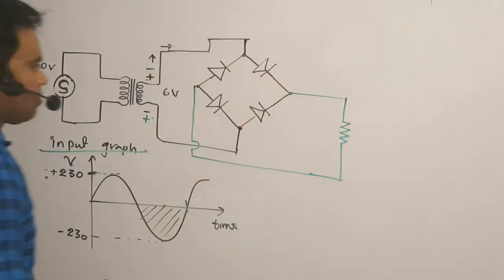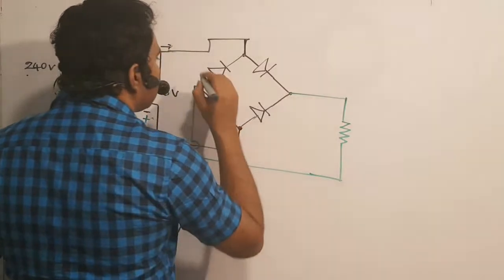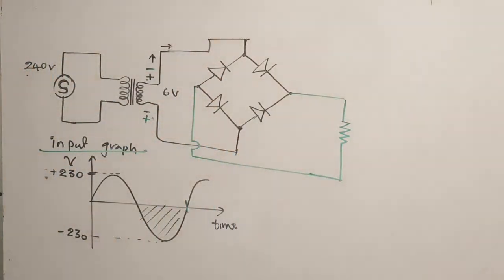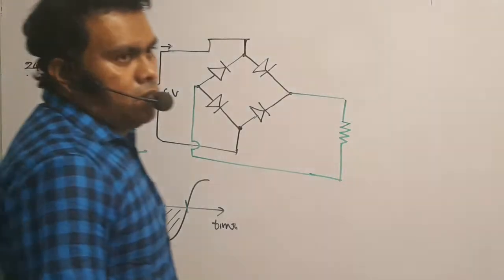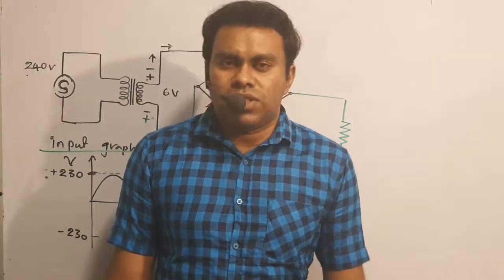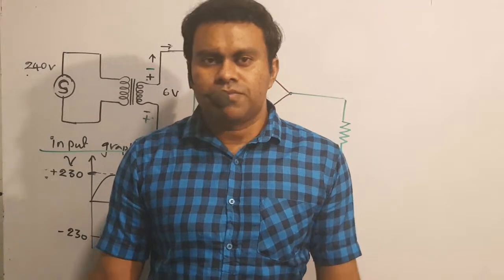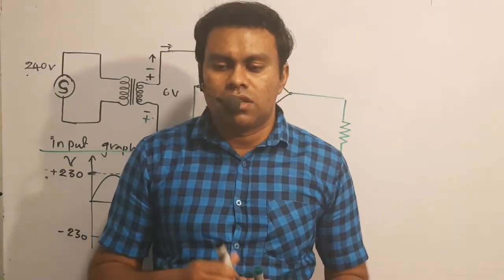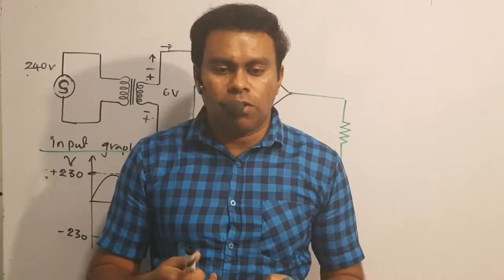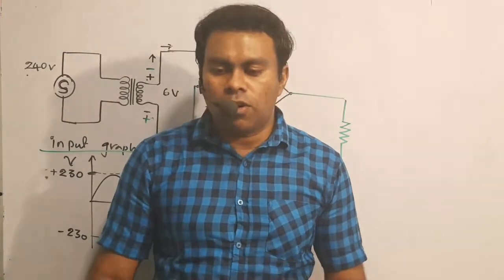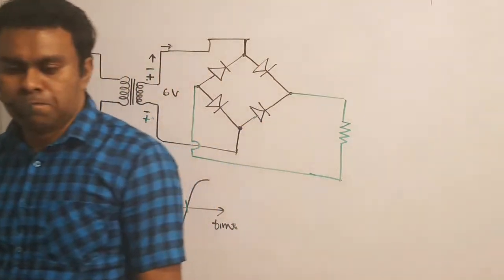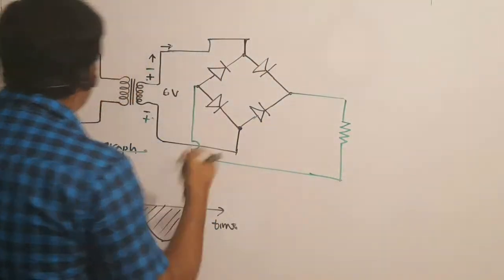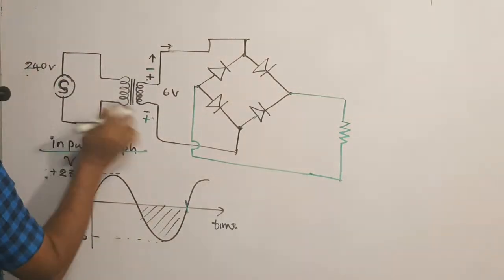Look at this. Now we have to draw the path. A structured essay question can come asking you to mark this current flowing path. So you have to draw the current flowing path.